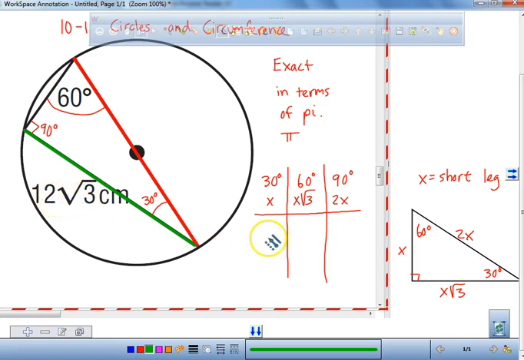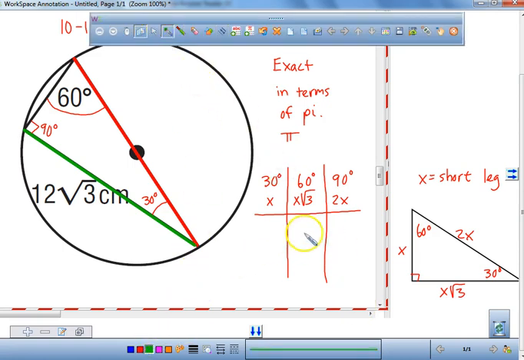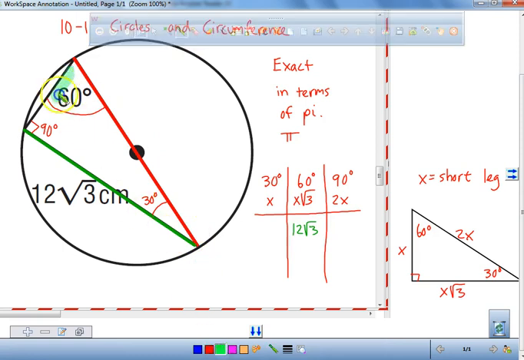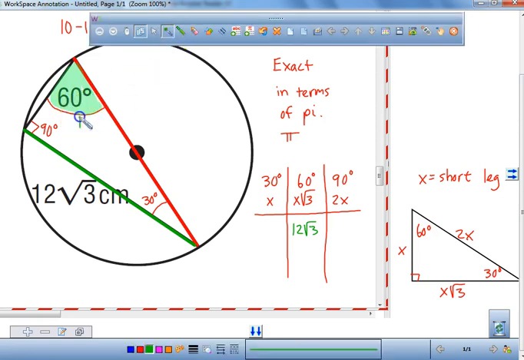Which slot would that be, door number 1, door number 2, or door number 3? 12 radical 3 goes across from what angle? You should be able to see it's across from the 60-degree angle. So this 60-degree angle opens up to 12 radical 3.